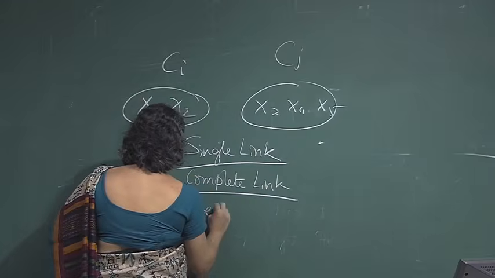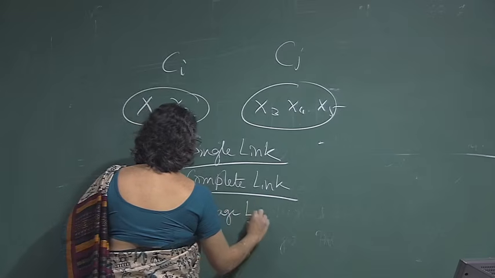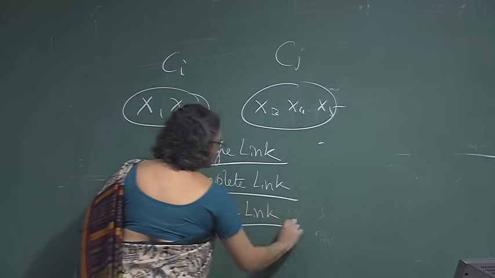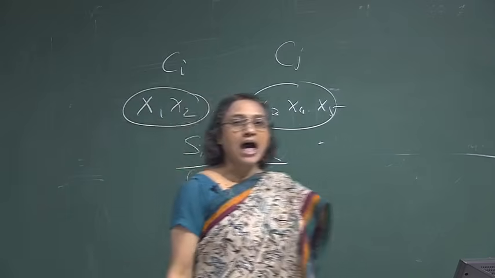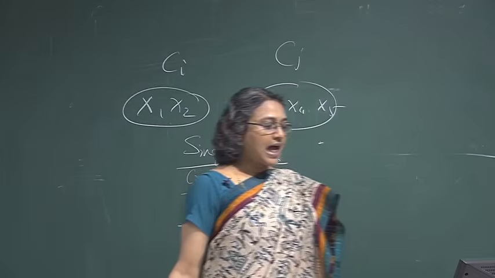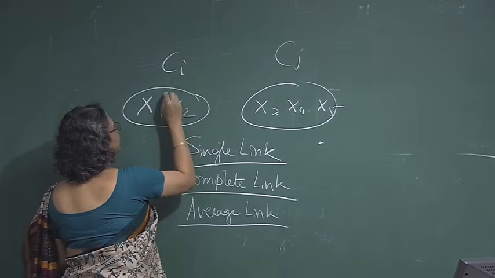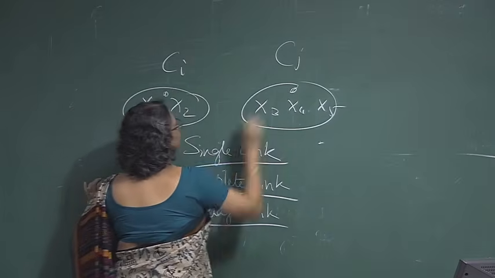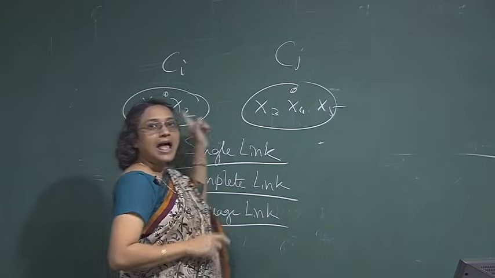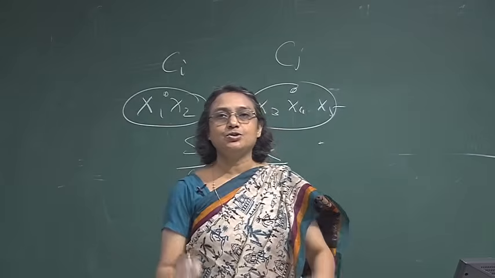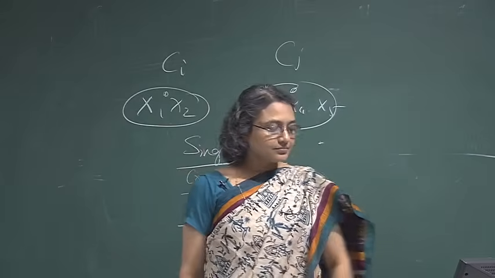In average link, we take the average of their similarity, and in centroid, we take this to be represented by its centroid, this to be represented by its centroid, and look at the similarity between the two centroids.